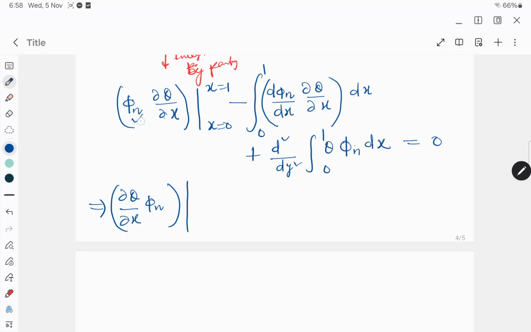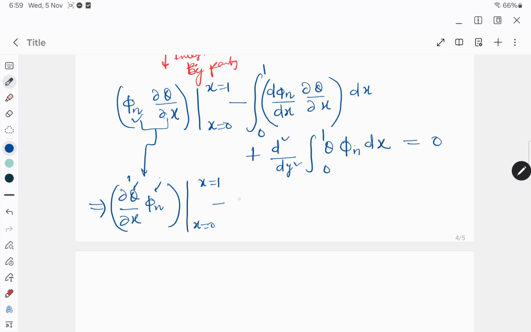The product is commutative, so phi n is common, and you will write the phi n later on, and this one earlier. So you write this before and phi n after, evaluated at x equal to 0 and x equal to 1. Because this is the unknown and phi n is known, the known goes after and the unknown first.